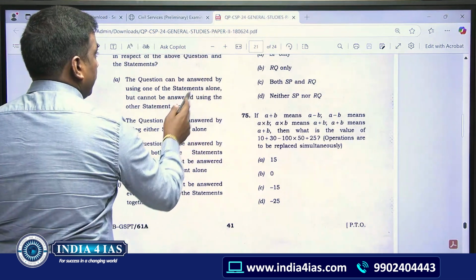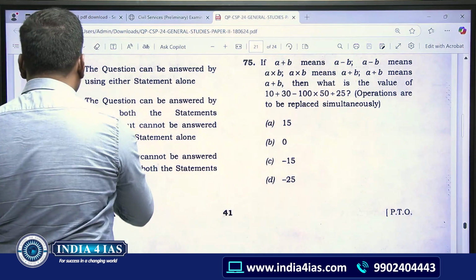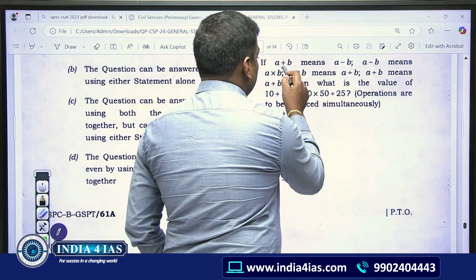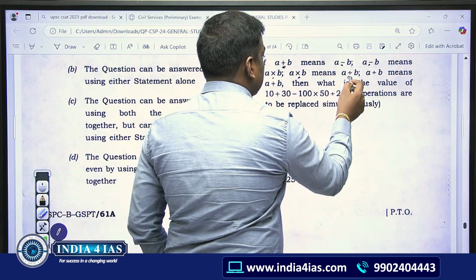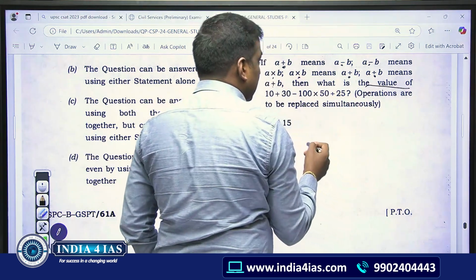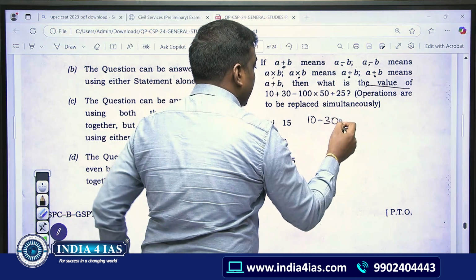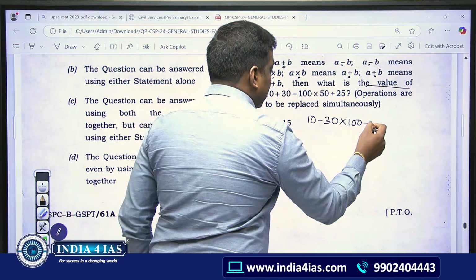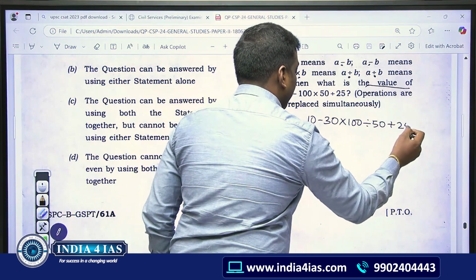So in this case, if A plus B means A minus B, plus means minus, minus means multiplication, multiplication means division, division means plus, then what is the value? This is BODMAS. 10 instead of plus, minus; 30, instead of minus, multiplication; 100, instead of multiplication, division; that is 50; instead of division, addition; 20.